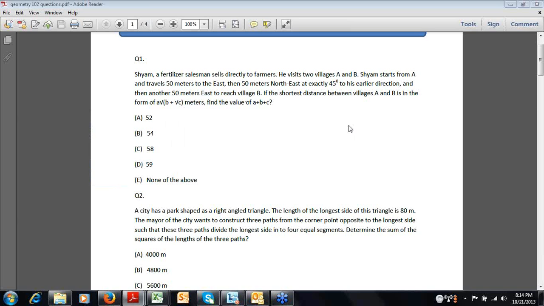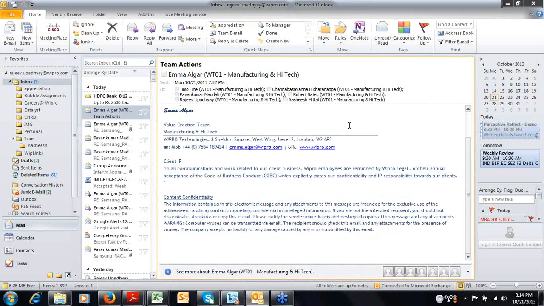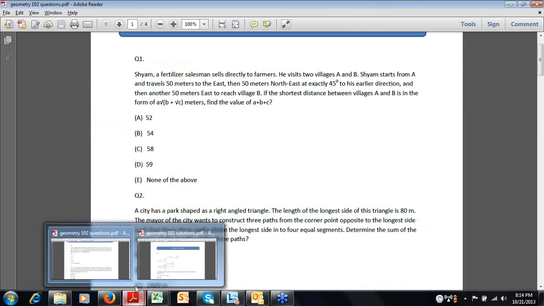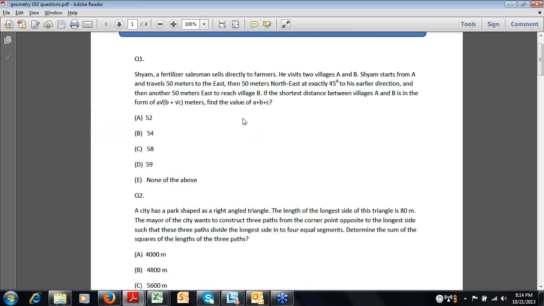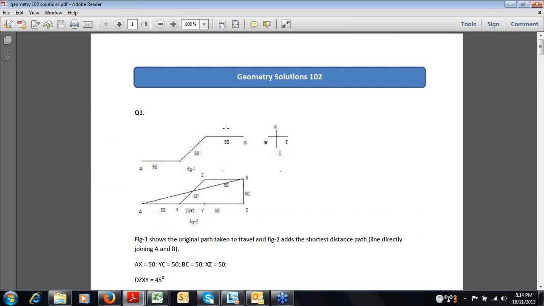Let's draw the figure also. 50 meters east, then 45 degree from here, 50 meters towards northeast. Okay, got it? To his earlier direction, and another 50 meters east to reach his village. So this is village B, this is village A.